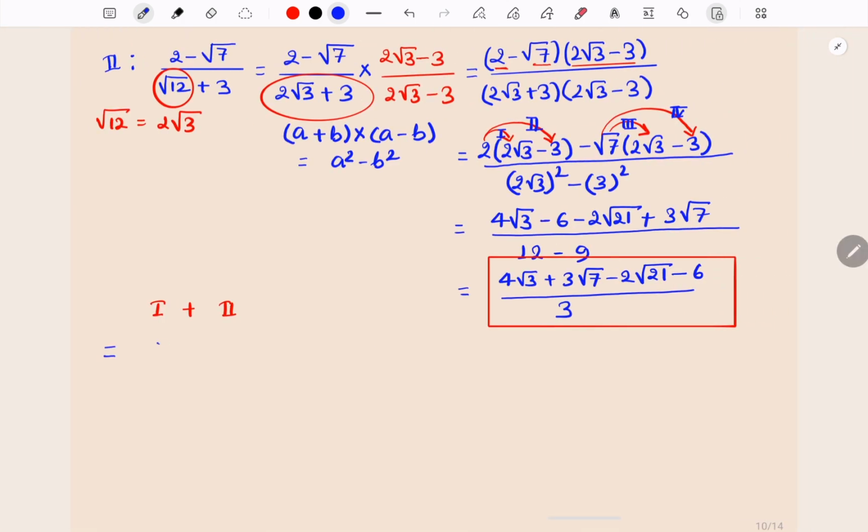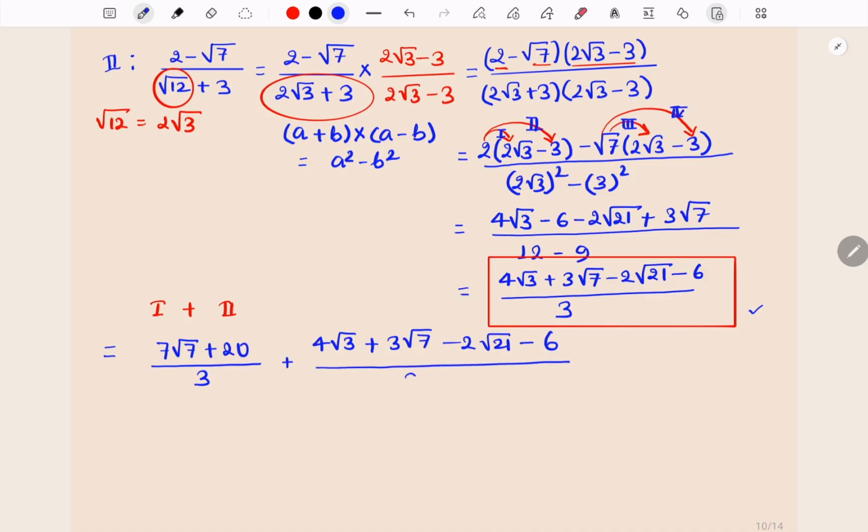And the second fraction here we have found as 4 root 3 plus 3 root 7 minus 2 root 21 minus 6 over 3. All right.